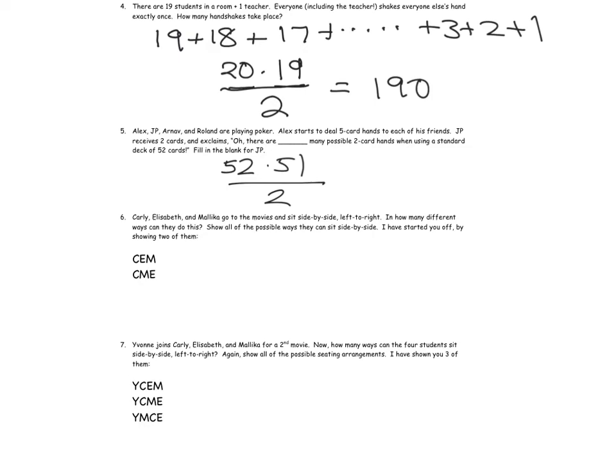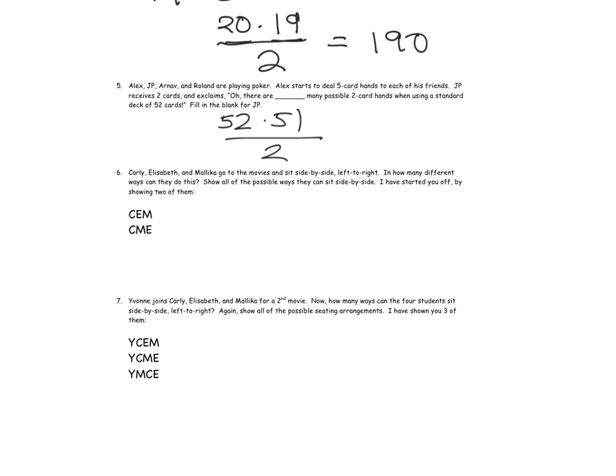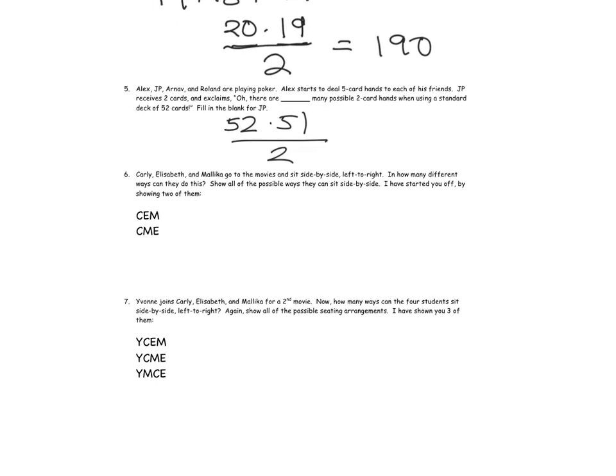Here, we're getting to some ordering problems where order does matter. We're talking about sitting side by side, left to right. So CEM is different than CME. You want to count out and list out how many different ways these 3 people can sit together side by side at the movies.